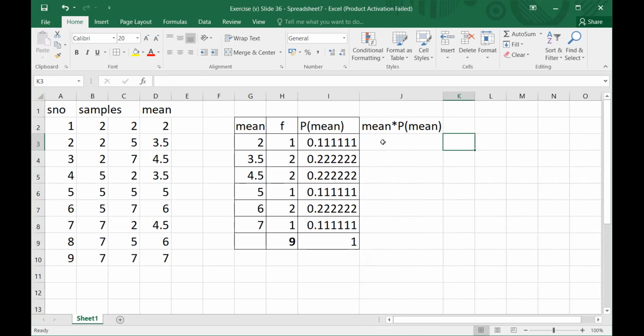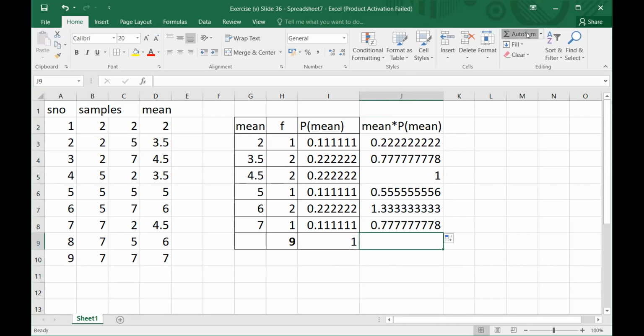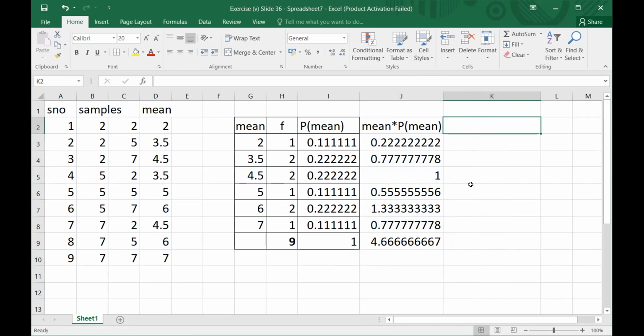The value of mean is 2 and the value of the probability is 0.11. That product will be equal to this, and we can have the total. This is the mean of the sampling distribution of mean. It is 4.66. Now for variance we need one more column, and that column is the mean square multiplied by the probability of mean.